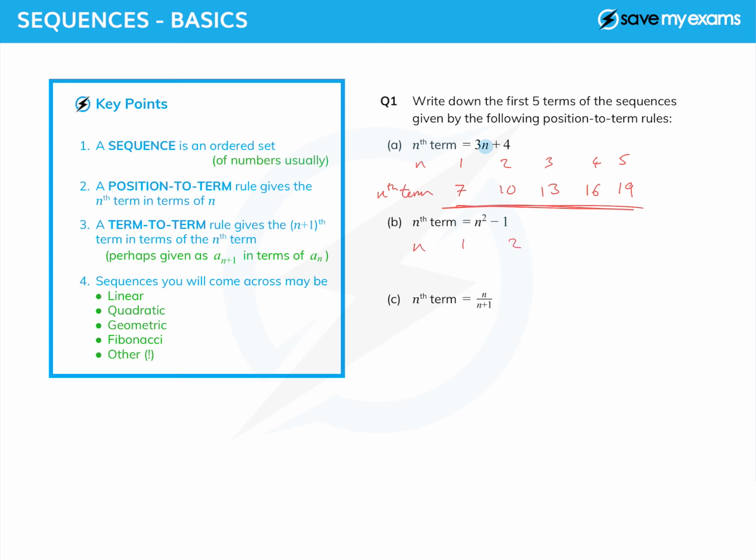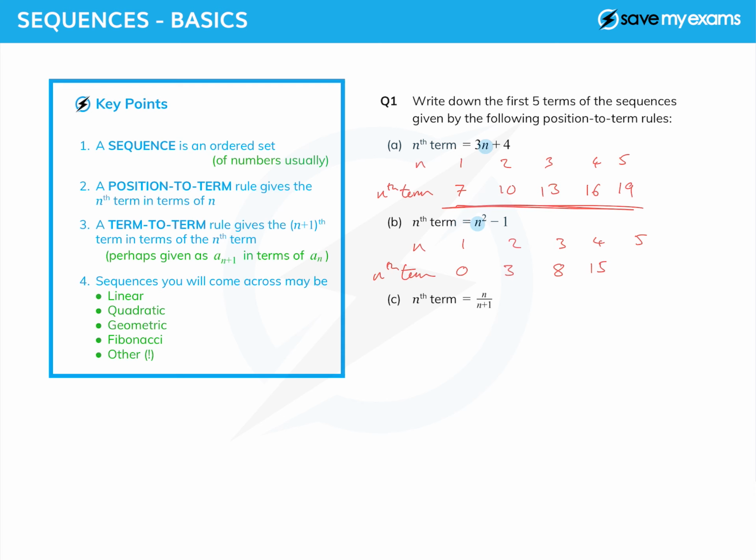And if I do that again for the next one, again, we just put in the n. Okay, so n equals 1 goes into there. 1 squared is 1, minus 1 is 0. And again, 2 squared is 4, minus 1 is 3. 3 squared, so we're doing this one now. 3 squared is 9, minus 1 is 8. 4 squared is 16, minus 1 is 15.